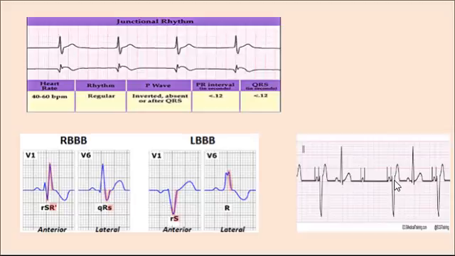And I see a pacer spike before my QRS, which tells me the pacer is stimulating the ventricle to pace. If they had just an atrial pacemaker, you would see the spike before the P wave only. If they just had a ventricular, you would see it before there, but commonly they will have an atrial ventricular pacemaker.